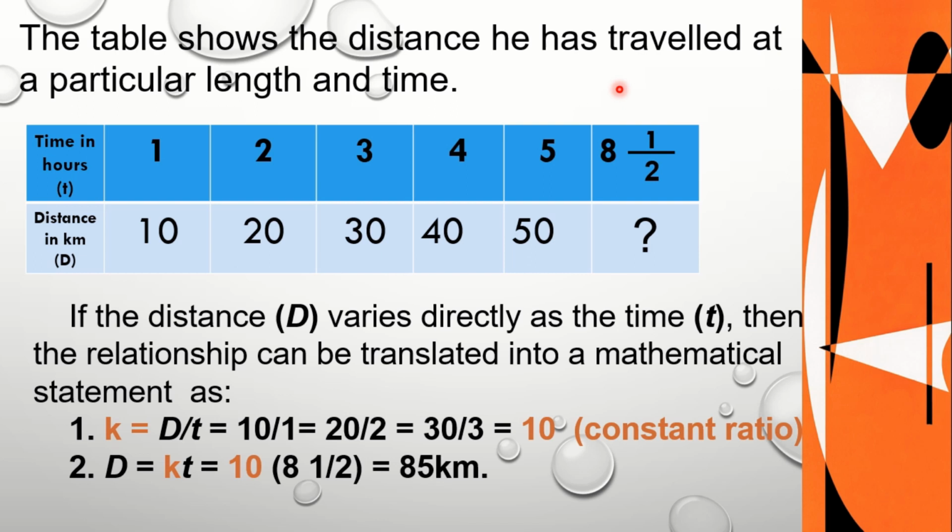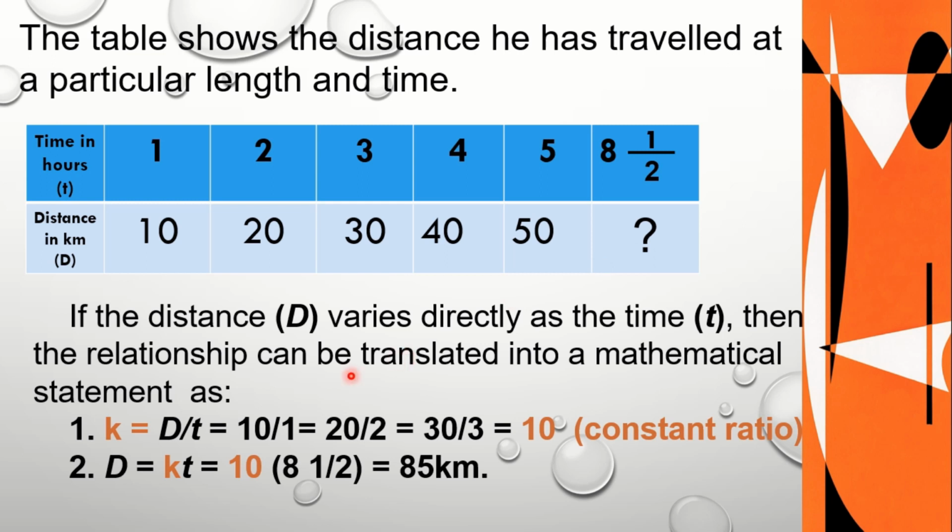Given the table that shows the distance he has traveled at a particular length of time. So time in hours, t, distance in kilometers, d. So makikita natin dito, yung mga values ng time increases, same true with the distance in kilometers increases. So both the time and distance increase.